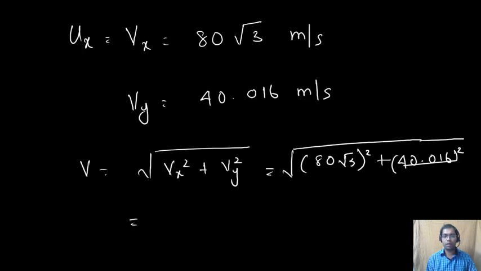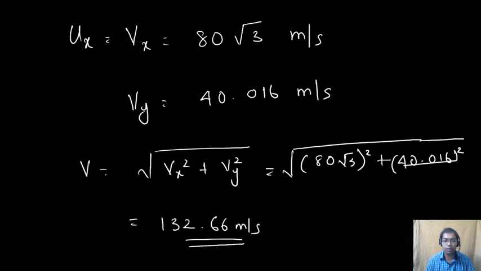So this we can write as 132.66 meter per second. Therefore the magnitude of velocity is 132.66 meter per second.